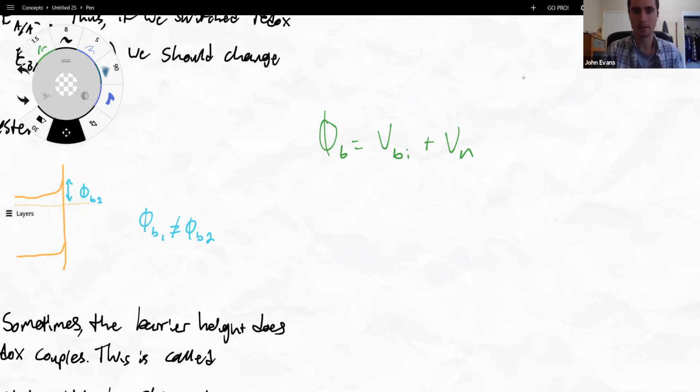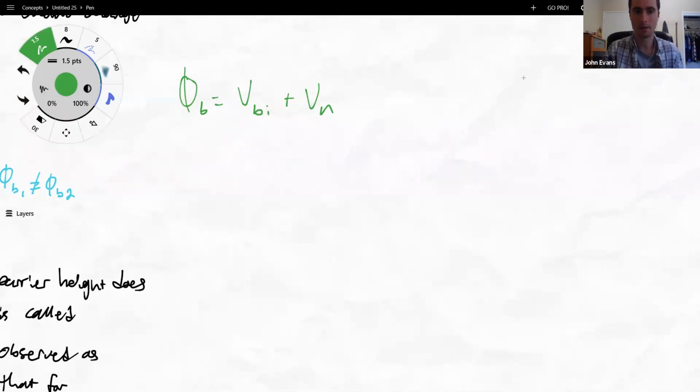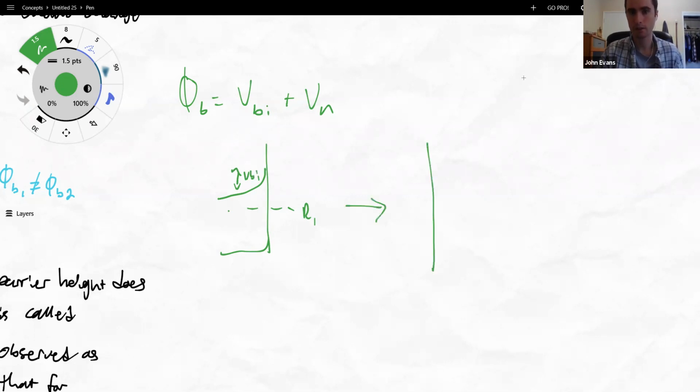So what's happening here is somehow we start over here with this situation. So we have redox 1, and we have, let's just say, this same VBI. Then we are going to change our redox species in solution. Let's make it more negative now.